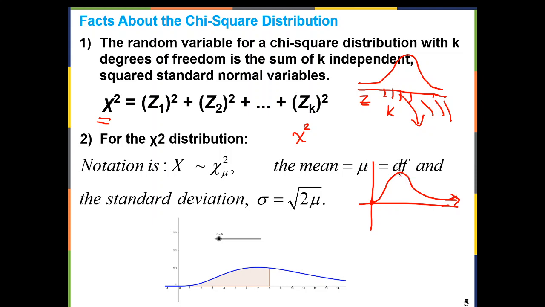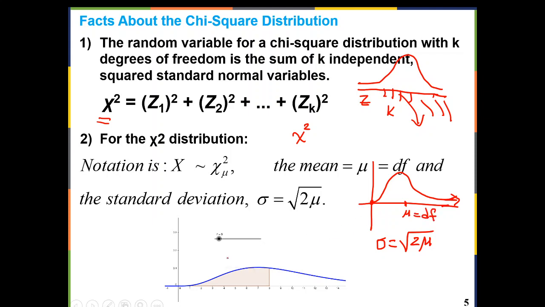And it's a little bit to the right of the peak here. You see the peak here? So the mu is about right here usually, right of the peak. And the standard deviation of this distribution is just the square root of 2 times mu. Remember, mu is the same as the degrees of freedom.